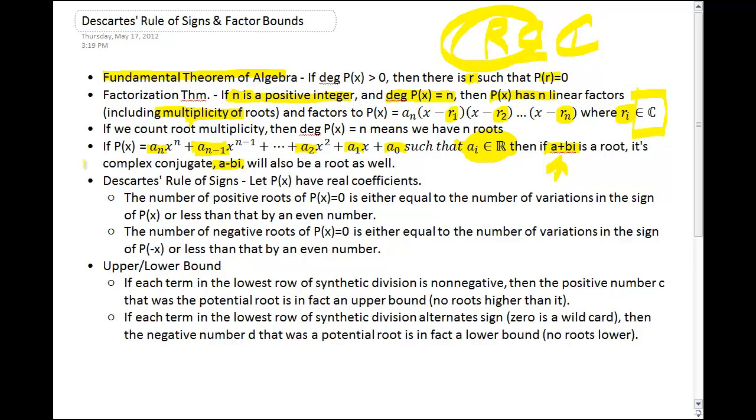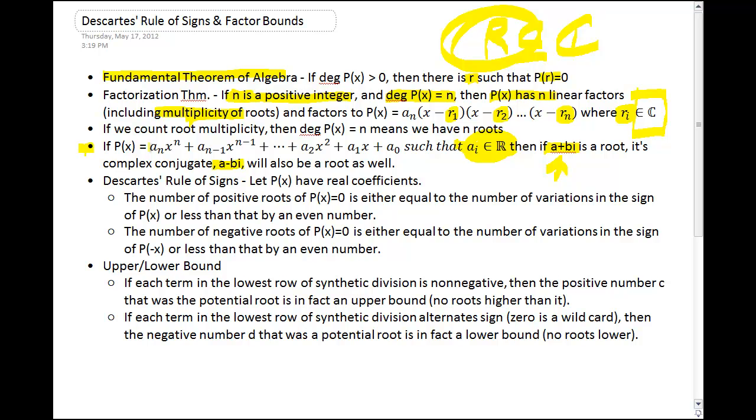So what this theorem is saying is that if I have coefficients that are real numbers, then my complex roots will come in pairs. They'll come in even pairs.